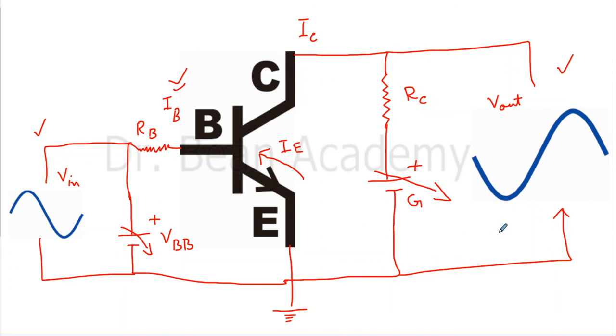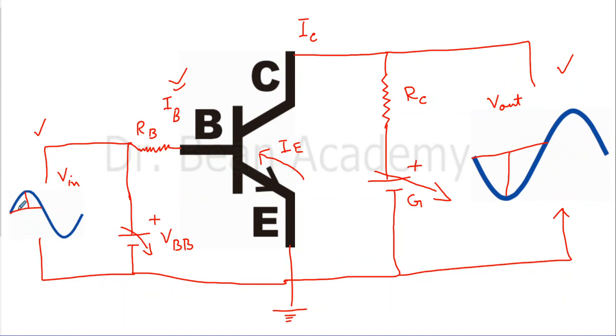Wait a minute. I can see that this voltage signal is amplified, but the shape is different. The signal is amplified because the peak value, or the height of the peak, is greater than for the input.